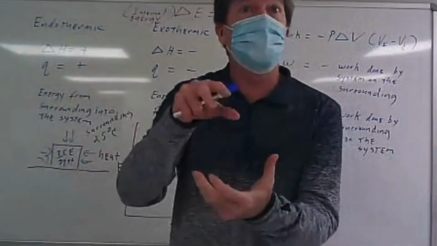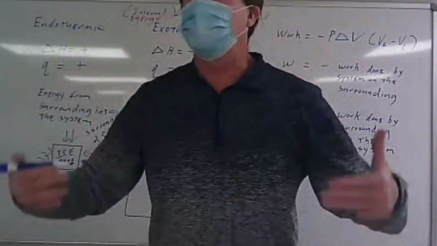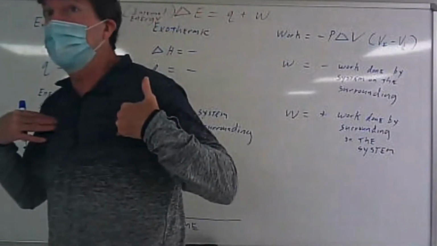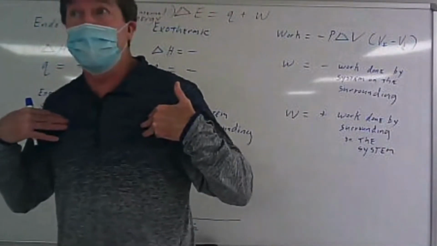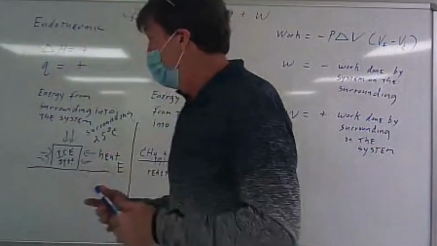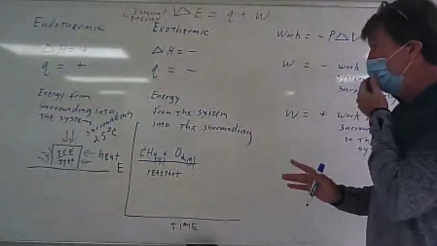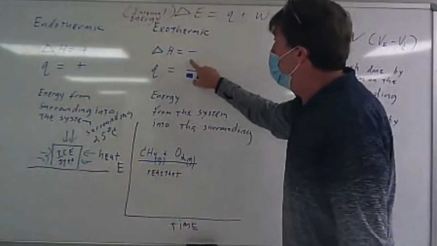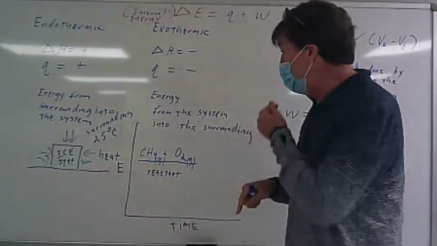In other words, the system is losing energy, the surroundings are gaining energy, and you'll get warmer. And don't get too close to that stuff. If it's releasing a lot of energy, it could be dangerous. Anyway, here's the reaction that would show a negative exothermic process for a chemical reaction.